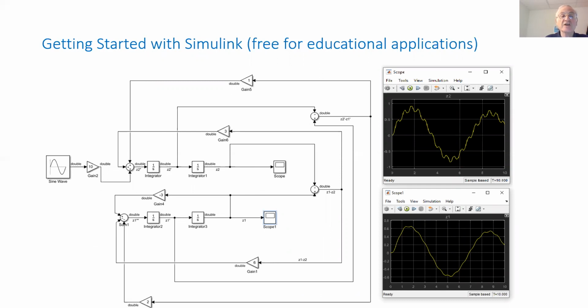We see over here that these equations show the second derivative of Z2 of the second device is a summation of the forcing function, and it's also the negative summation of Z1 minus Z2 as we saw earlier, and also Z1 prime minus Z2 prime, which is minus.